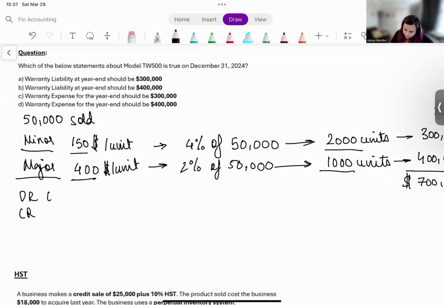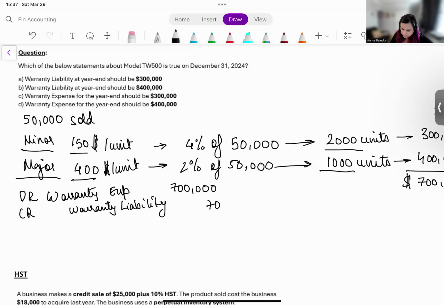We would debit warranty expense and we would credit warranty liability, and the amount associated with it would be 700,000. Okay, so now we know the warranty expense for the year was 700,000. But here the options only tell us 300,000 and 400,000. So we can eliminate these two.